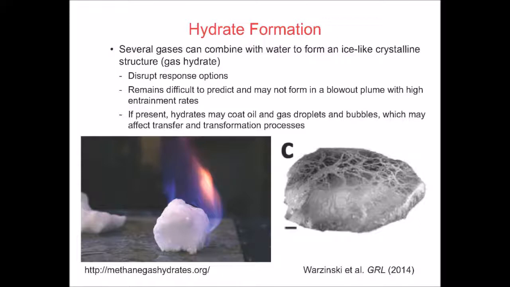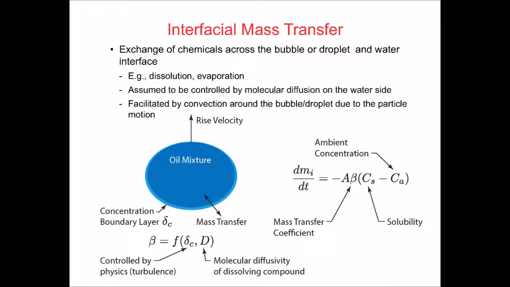So now we need to start talking about how things dissolve out of either an oil droplet or a gas bubble. This is a complicated-looking figure, but I'll break it down. Let's consider this to be an oil droplet. It's going to rise up through the water column because it's a lot less dense than the surrounding water.